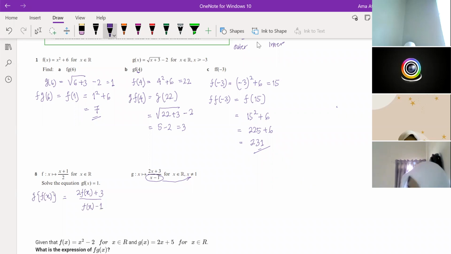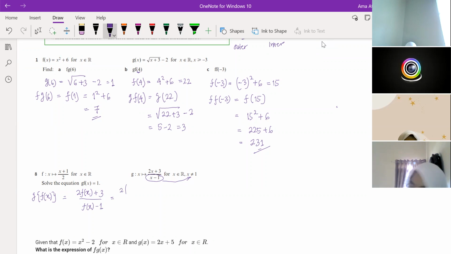Are you okay with this? Okay, right. Slowly but surely, we are substituting f into the function of g, so we are changing x in g with f of x. Okay, so now we continue.